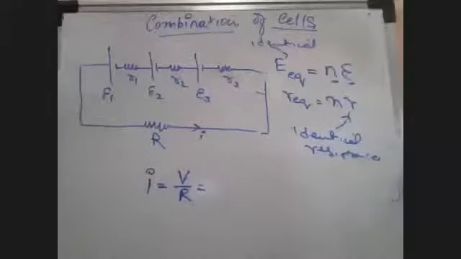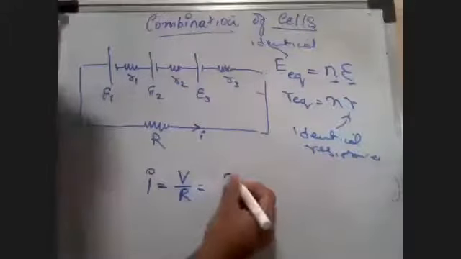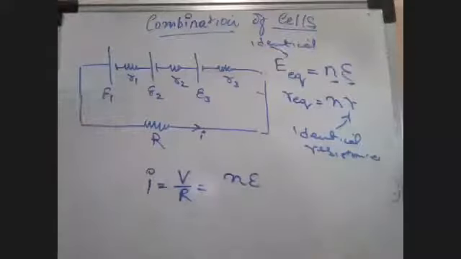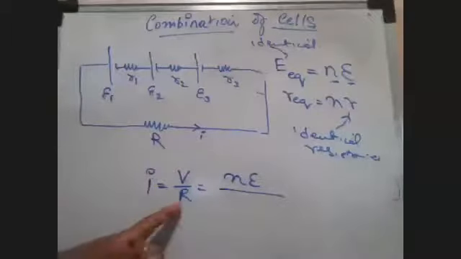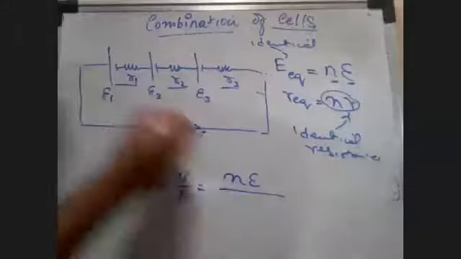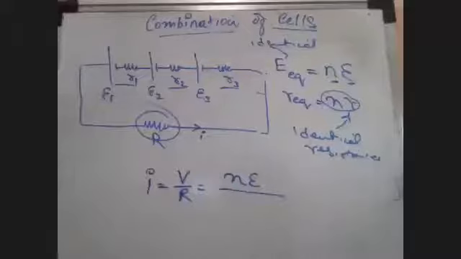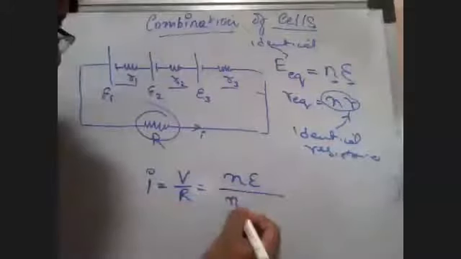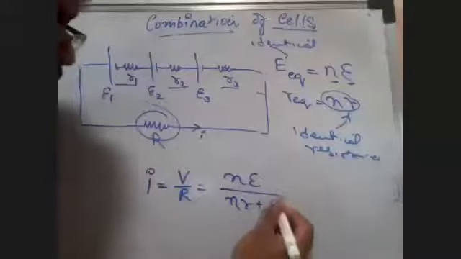And in case of identical cells, can I write N epsilon? Can I write N times that equivalent potential upon the resistance plus the resistor which we connected here? Yes or no? So I can put N times small r plus capital R.